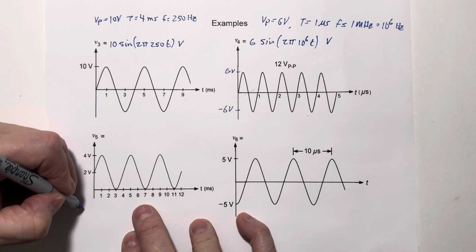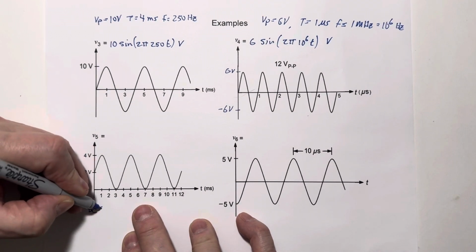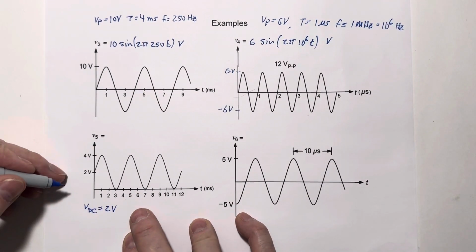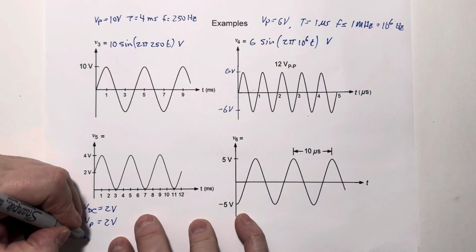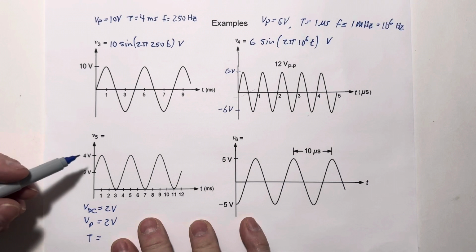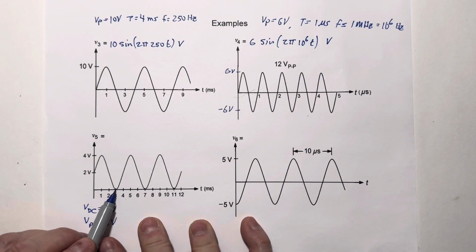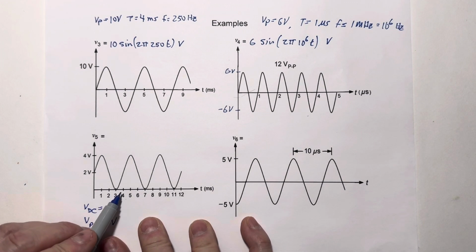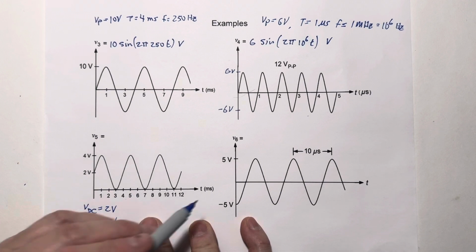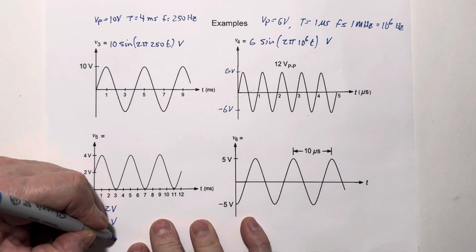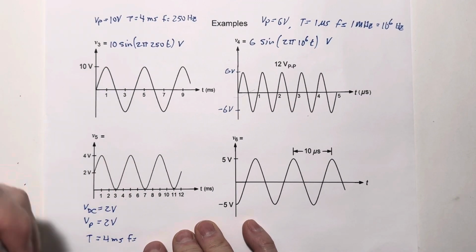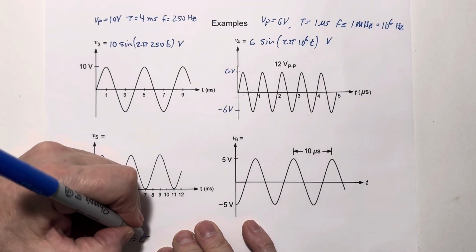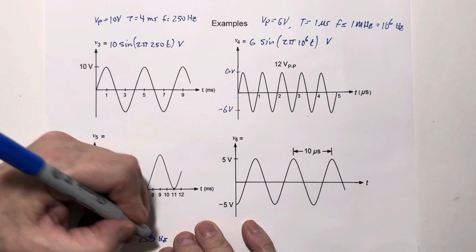So what we've got here is V sub DC equals 2 volts, VP equals 2 volts, and the period of the signal, in this case it's easiest to go from this trough to this one. We've got 1, 2, 3, 4 milliseconds. So the period is 4 milliseconds. That means the frequency, like the one above it, is 250 hertz.